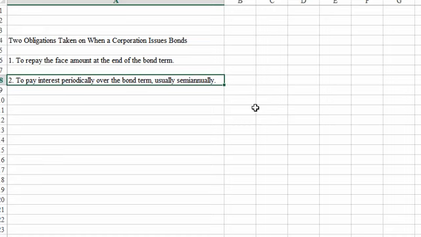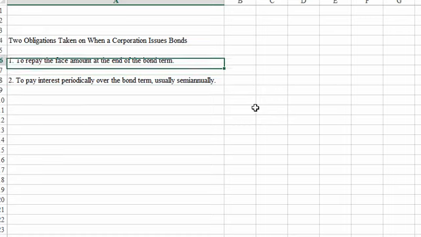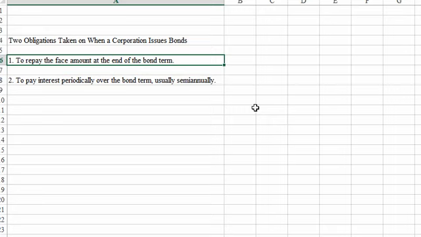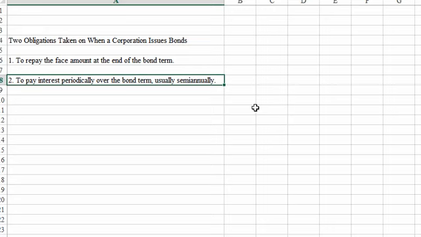That's how much they'll receive up front, somewhere in the neighborhood of $300 million, and that's how much they'll have to repay at the end of the bond term. Every year they'll have to pay 8% interest, but if that's broken down semi-annually, it would be 4% every 6 months. The bonds mature on September 30th, 2036, so they're 20-year bonds.